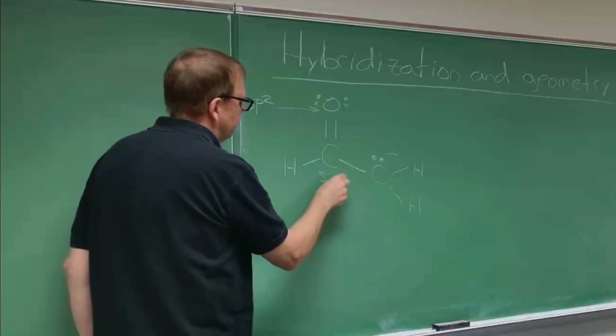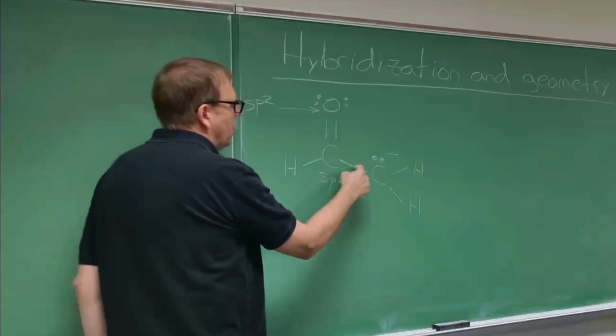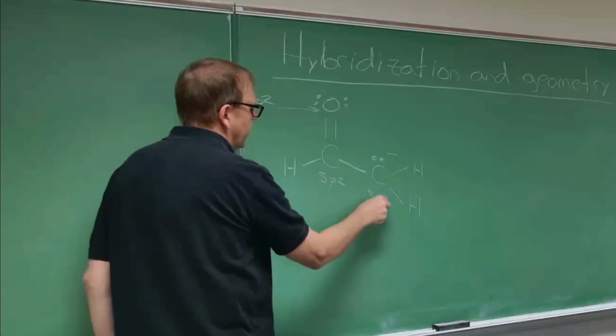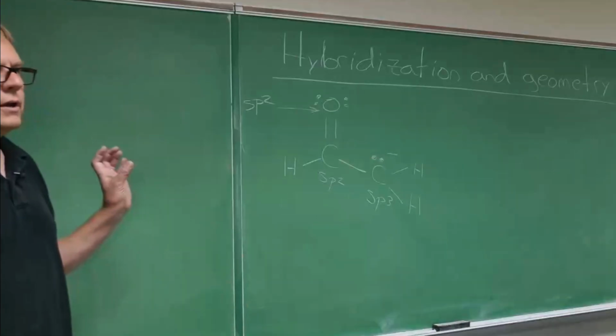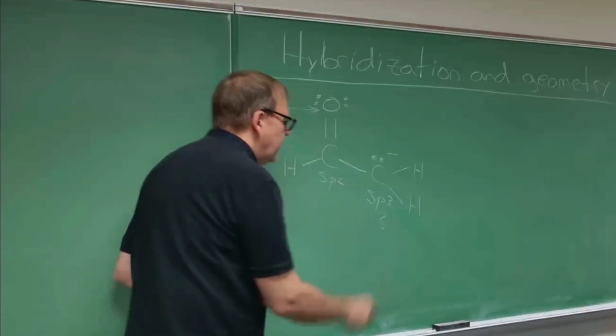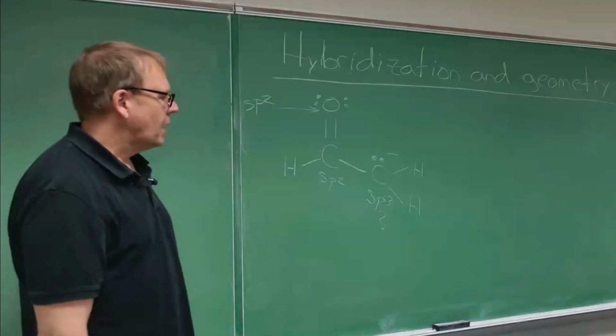That's sp2. If you count this carbon, it's got 1, 2, 3, 4 groups. So you might predict sp3. And up to this point, that would be the prediction. For right now, I'm just going to put a question mark next to that one because I'm going to come back to it. It's not quite that simple.